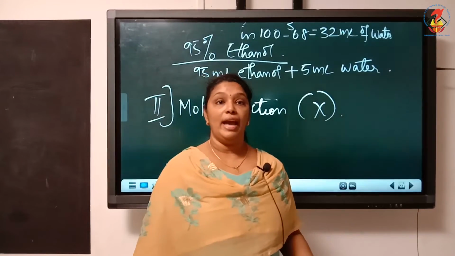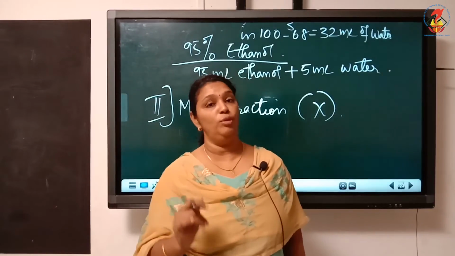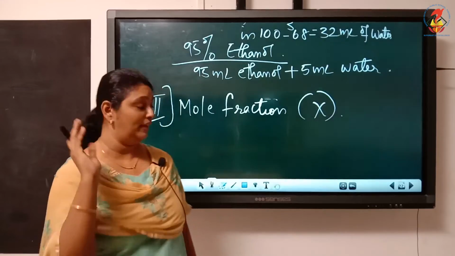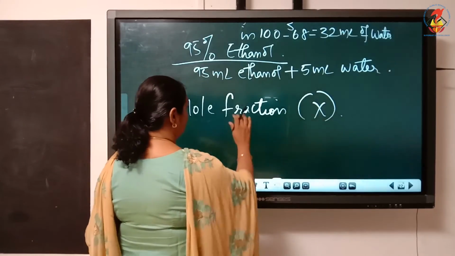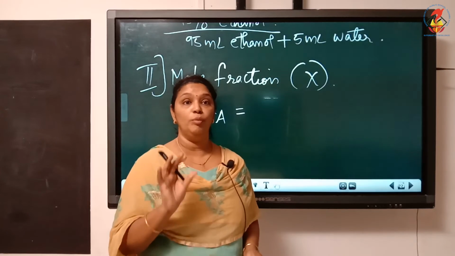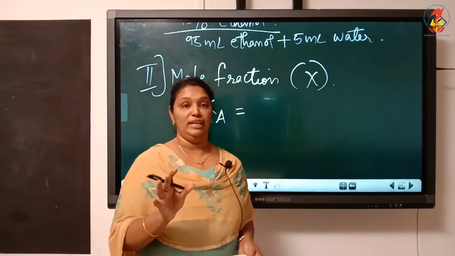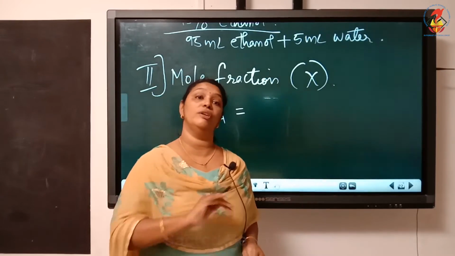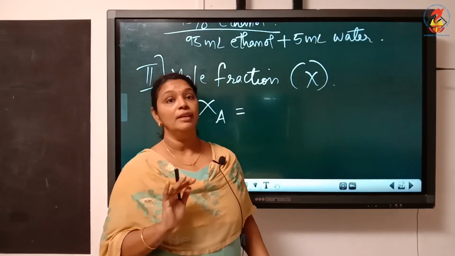So we have mole fraction of solvent and mole fraction of solute, and the expression is mole fraction of solvent, denoted by XA, is equal to the ratio of number of moles of each component to the total number of moles of all the components present in solution.